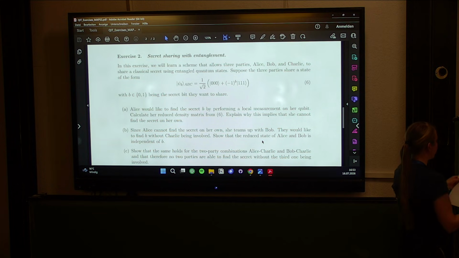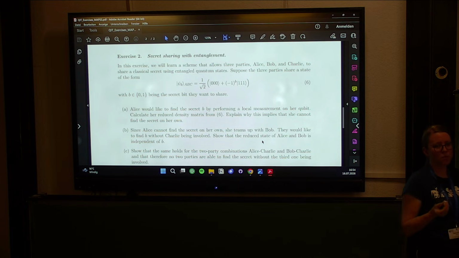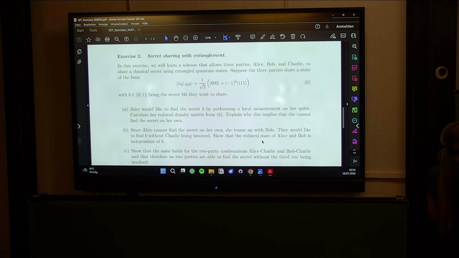So I just want to define this. I define it for two parties, but it's easily generalizable for any number of parties.